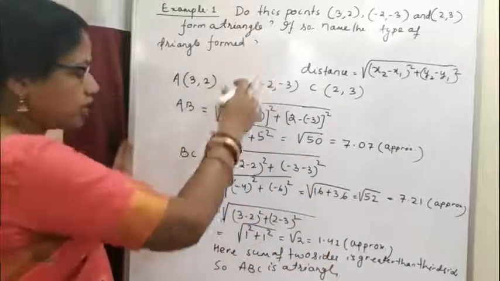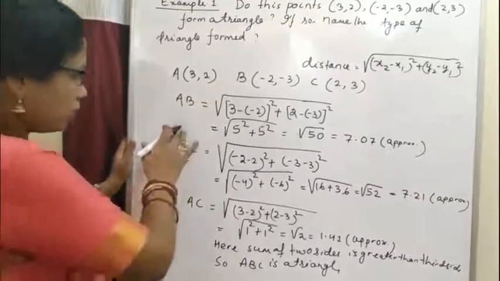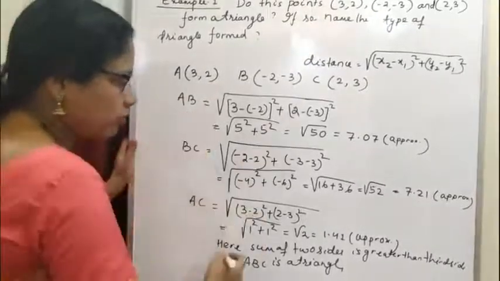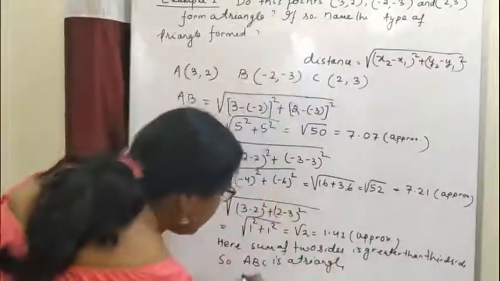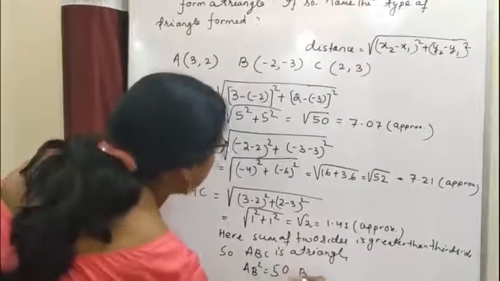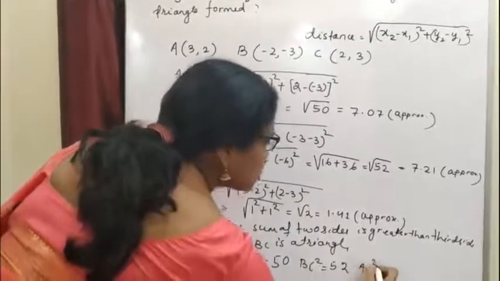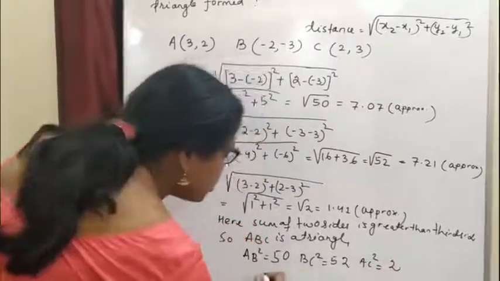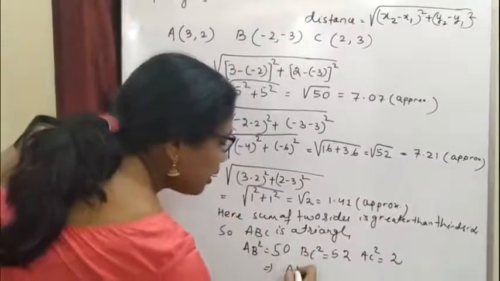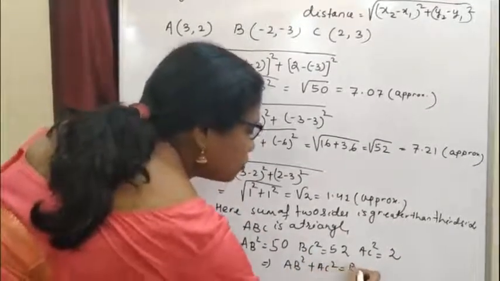Then the next question is, what type of triangle is formed? Here look, AB square is equal to 50. Then BC square is equal to 52 and AC square is equal to 2. So this implies AB square plus AC square is equal to BC square.